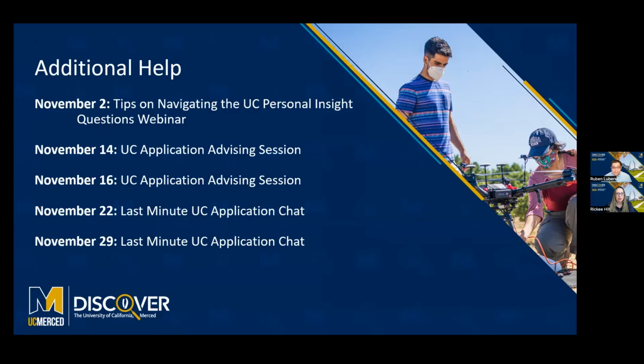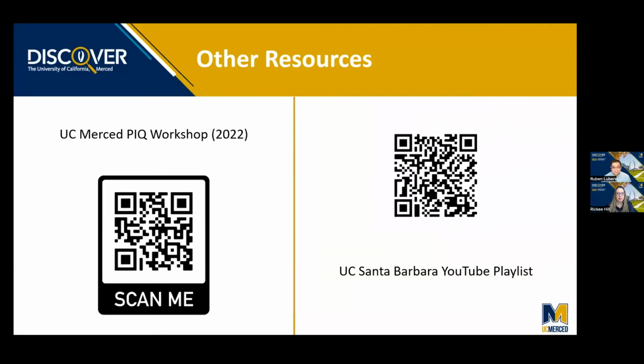Next time we have this, I'll have a QR code on the slide for you all to click on as well. I didn't think about it for this slide, but go to our events page and sign up for that event. Maybe someone can throw that in the chat for people, our event sign up page, where you can sign up and register for that PIQ workshop next week. Learn all the tips and tricks about that as well.